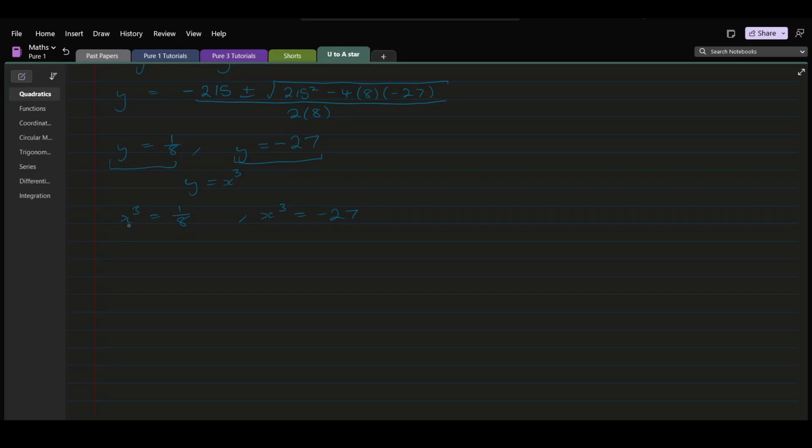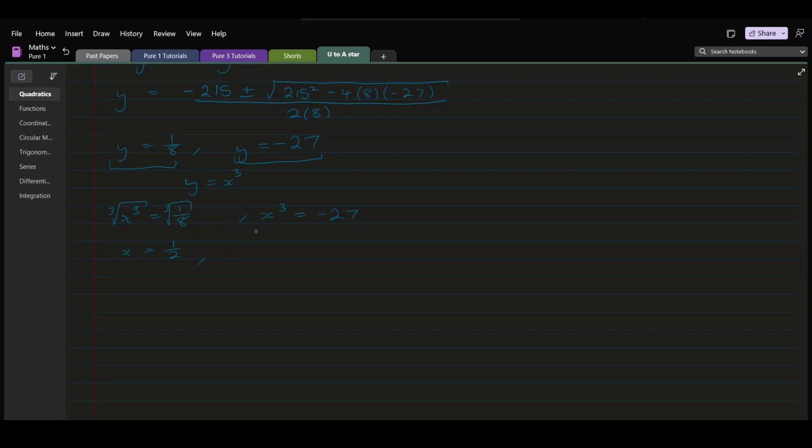So to get the value of x, we have to take the third root of both sides. So the third root of x cubed and the third root of 1 over 8. So x is equal to, let's punch that into the calculator, the third root of 1 over 8. That gives us x is 1 over 2.